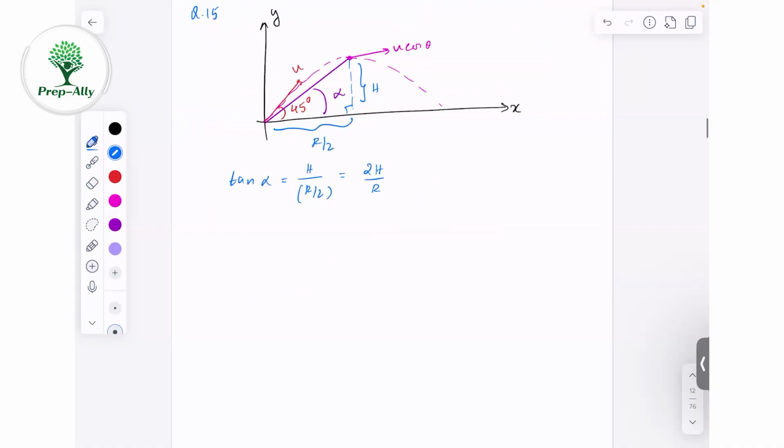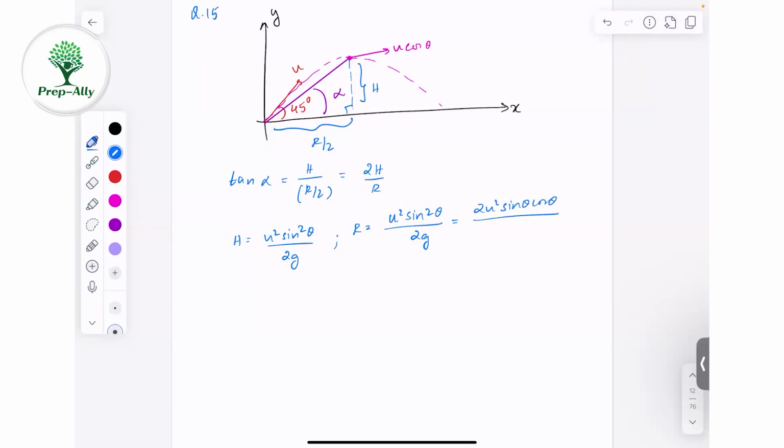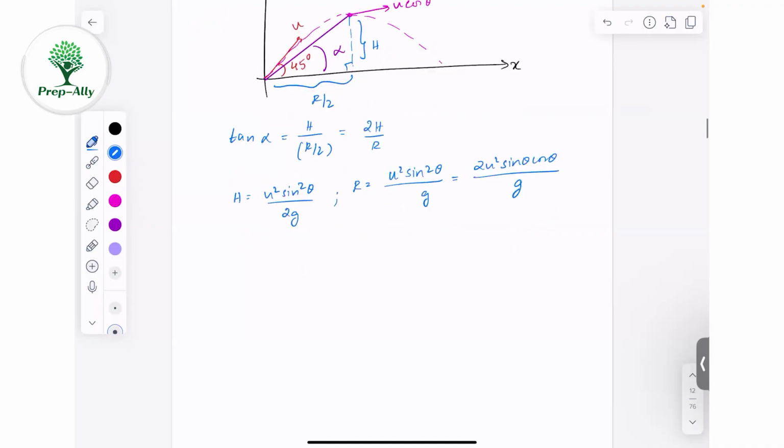And for a projectile, the maximum height h is given by u square sine square theta by 2g. And range is given by u square sine 2 theta by g. We can expand sine 2 theta as 2 sine theta cos theta and write that as 2u square sine theta cos theta by g. This is g.